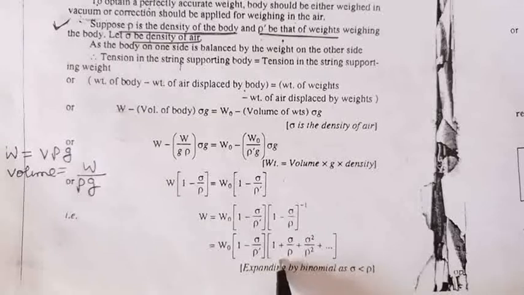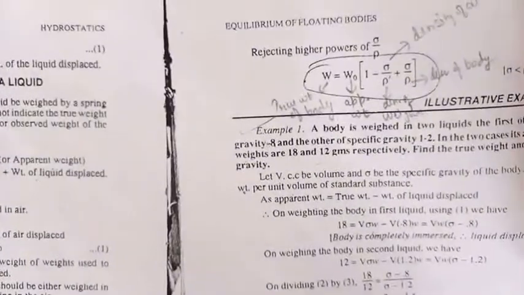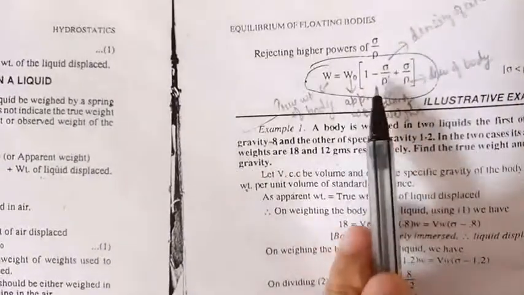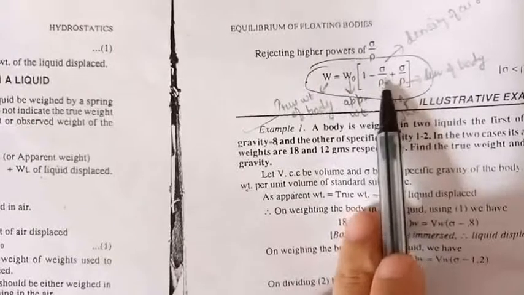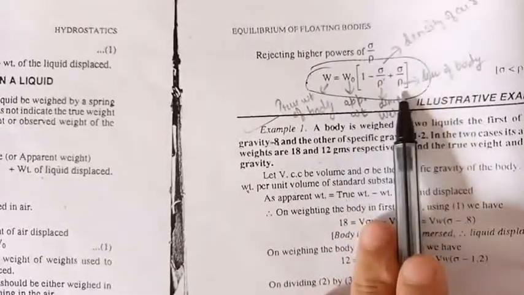Now we can reject the higher powers of sigma upon rho. Here sigma is less than rho, so sigma upon rho will be less than 1. So we can neglect the higher powers of sigma upon rho. After neglecting the higher powers, the value of W obtained is W naught into 1 minus sigma upon rho dash plus sigma upon rho.